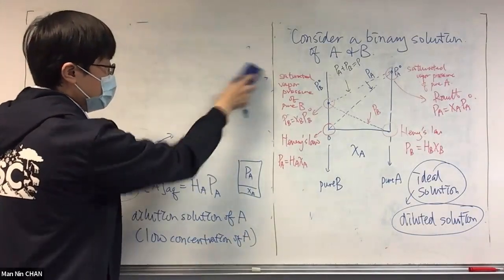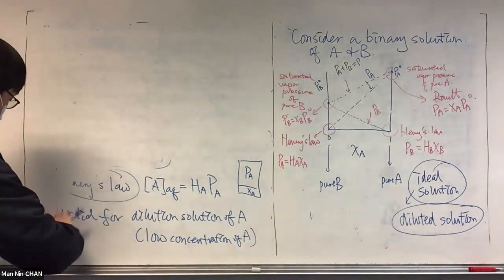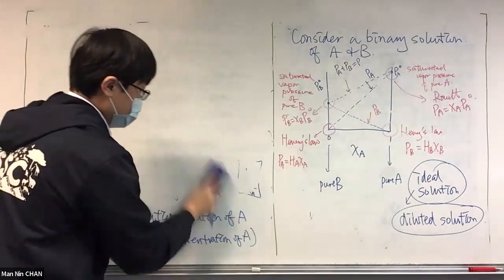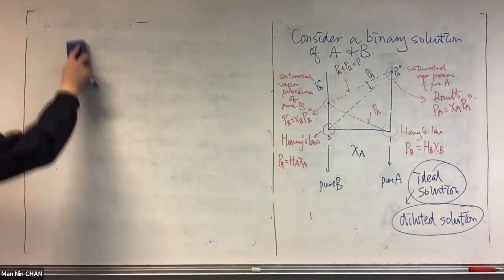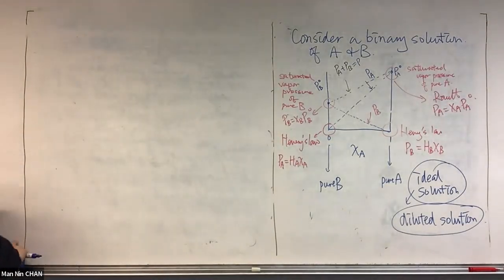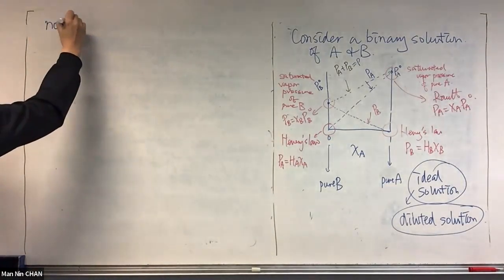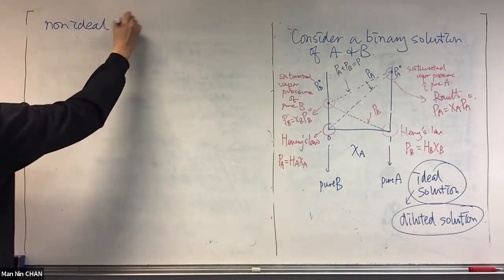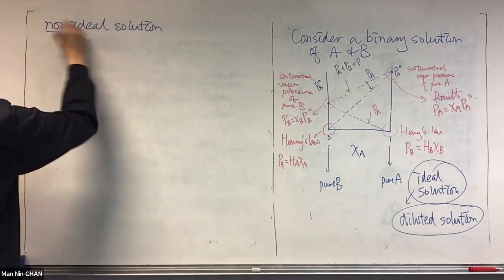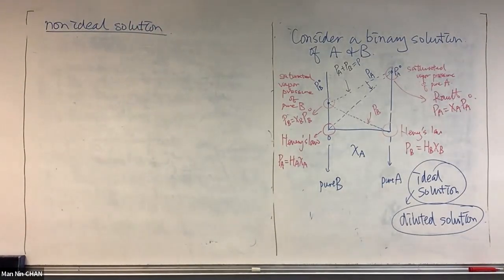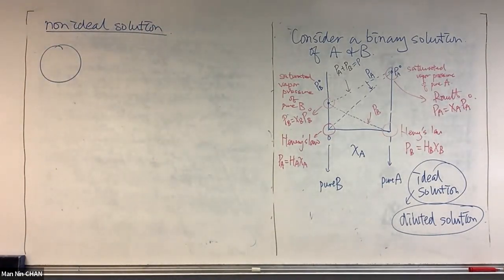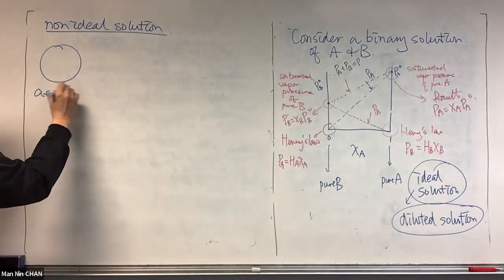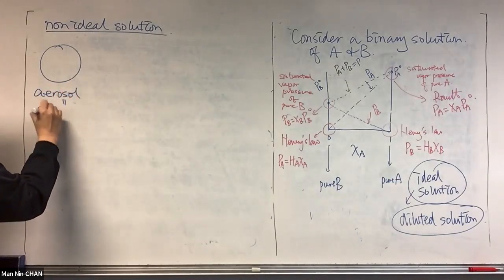So we are not in an ideal solution; this is called a non-ideal solution. You can argue that an aerosol is an aqueous droplet.